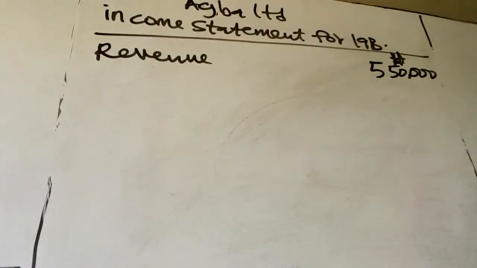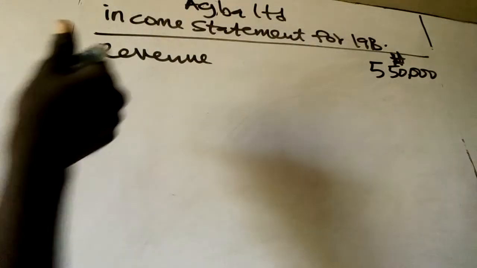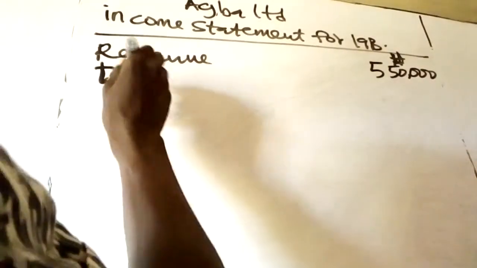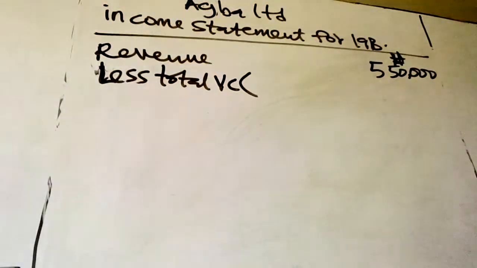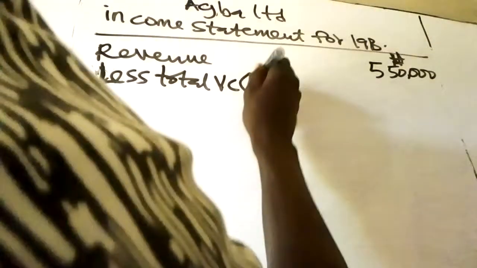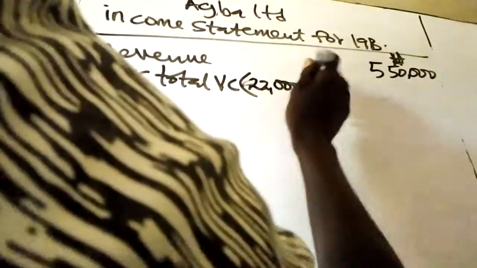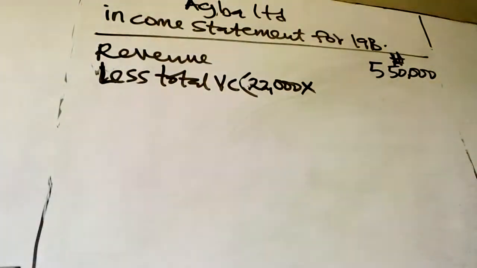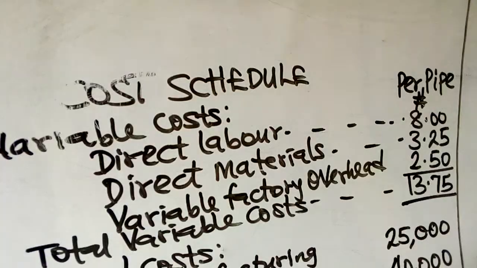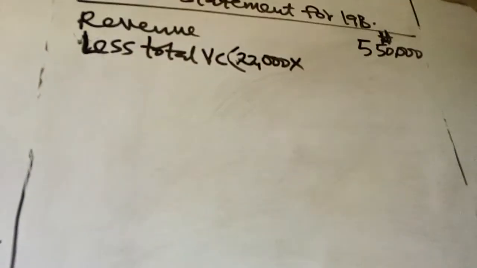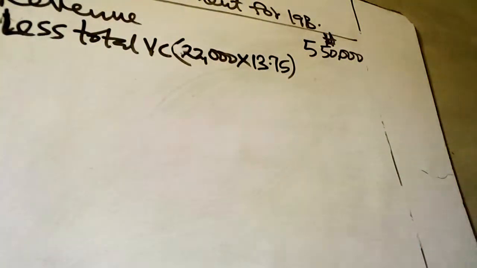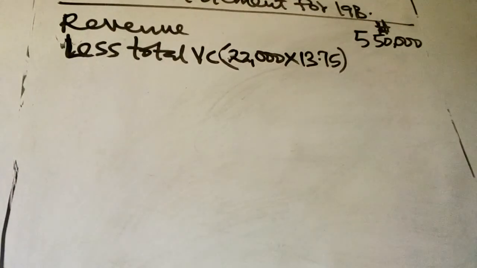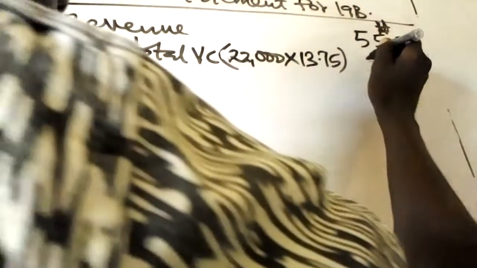From there we less total variable cost. Your variable cost per unit: you know the number of units sold now for 19B is 22,000 units, multiplied by the variable cost per unit, 13.75. So 22,000 times 13.75, we have 302,500.